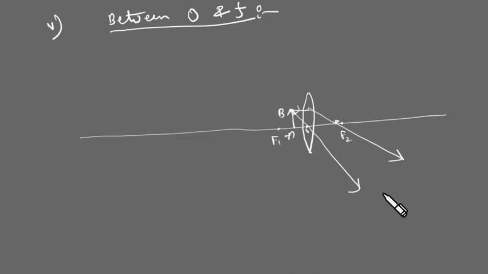This time, if we keep the screen here, we can never project the image. But if we keep our eye here, we will see diverging rays coming from some point, which we get if we extend these rays back to somewhere here.